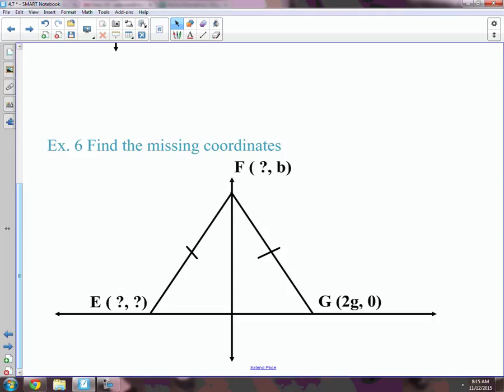This is triangle EFG. Also isosceles, just a different way that it could be drawn. We've got 3 missing things we're going to need to find on this one.